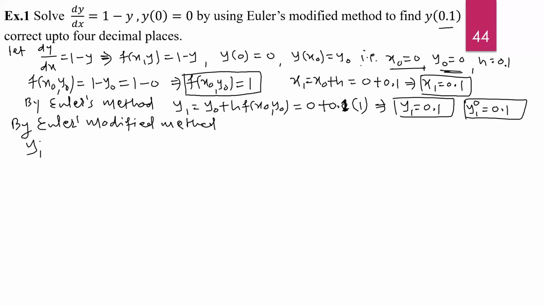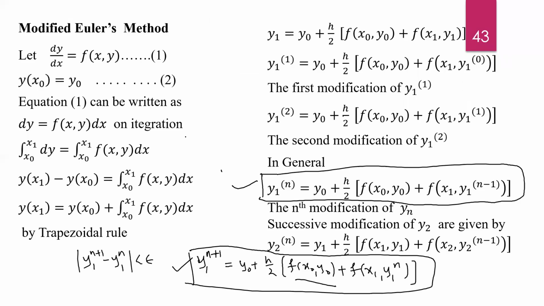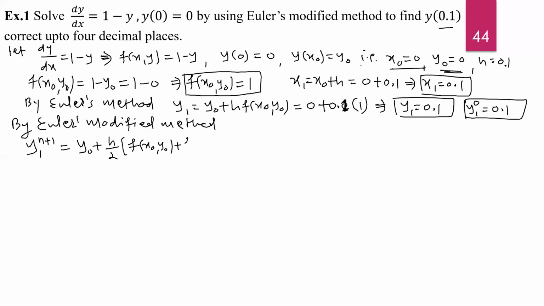Y suffix 1 raised to n plus 1 is equal to y naught plus h by 2 in bracket f of x naught comma y naught plus f of x1 comma y1 raised to n.